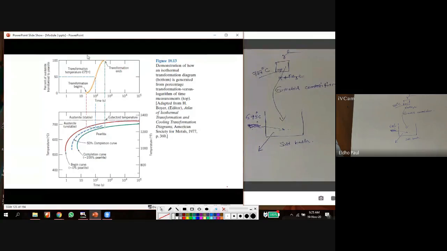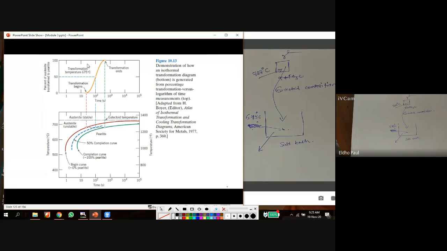Okay, so that is the transformation. Any doubt in this figure? So that is the transformation of austenite gamma particles.